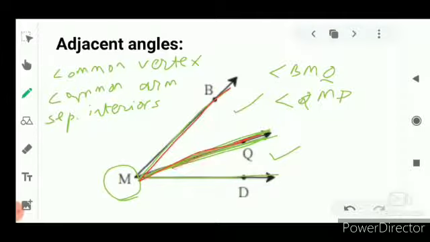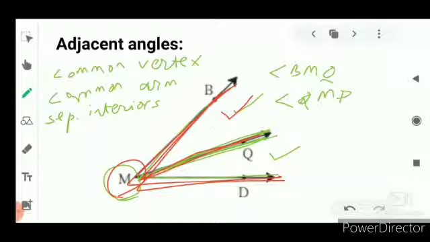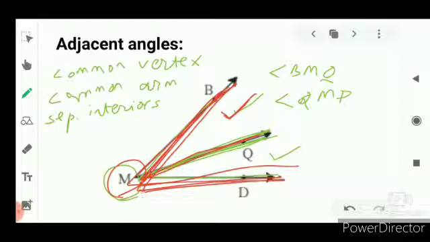Angle BMQ is one angle and angle BMD is another angle. But they don't have separate interiors. The interior of angle BMD is the whole part, so the interior is not separate. So they are not adjacent angles.